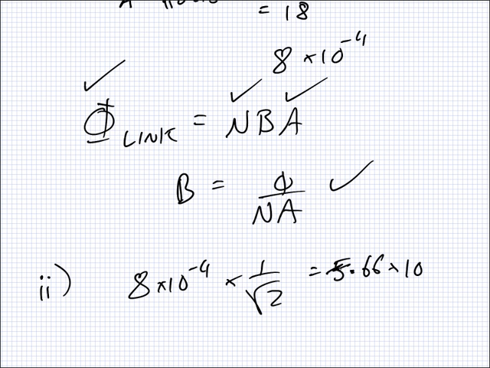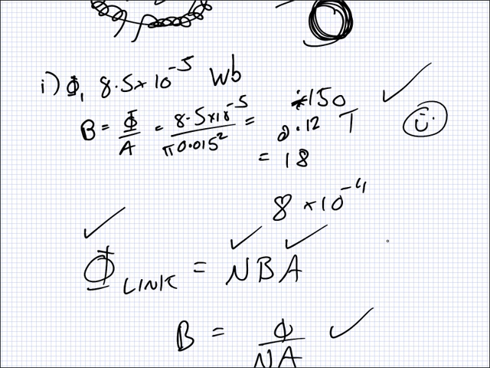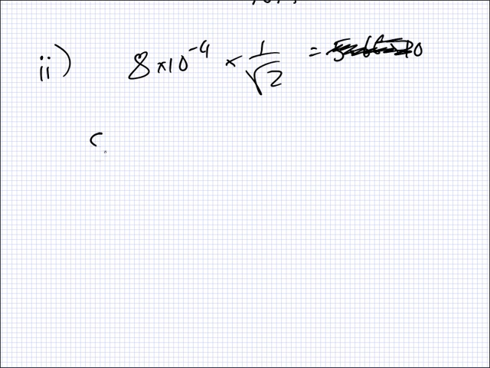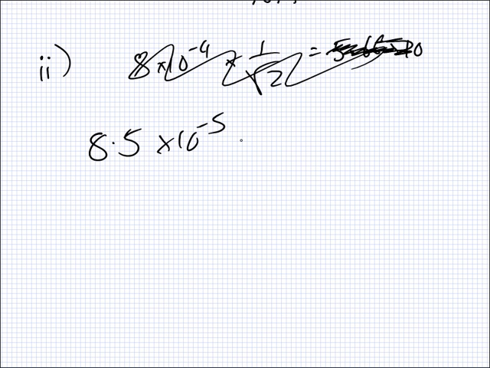And they want the flux linkage through the coil. So that's 8.5 divided by root 2. So it's the 8.5 times 10 to the minus 5 times 1 over root 2.